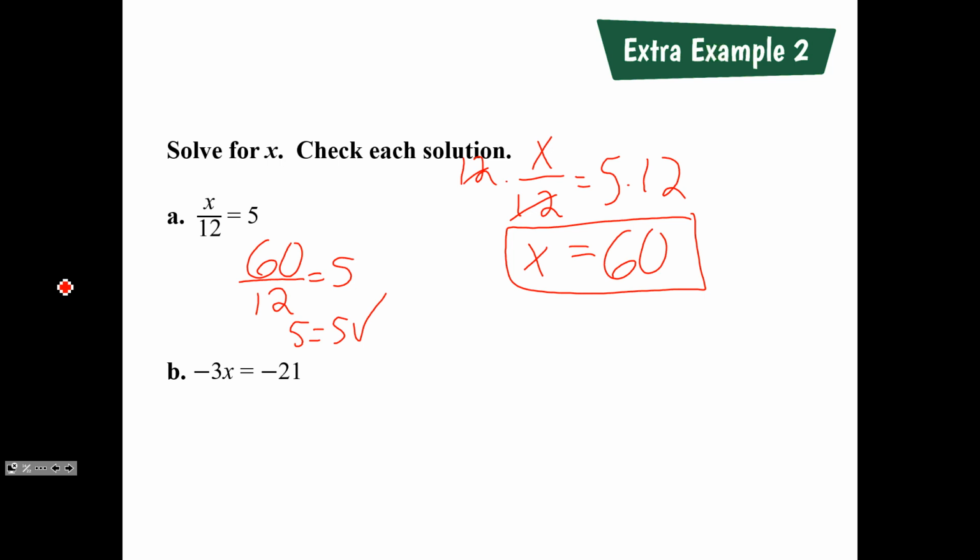Take about 30 seconds to do B. Should not take you long. Okay, 10 more seconds.